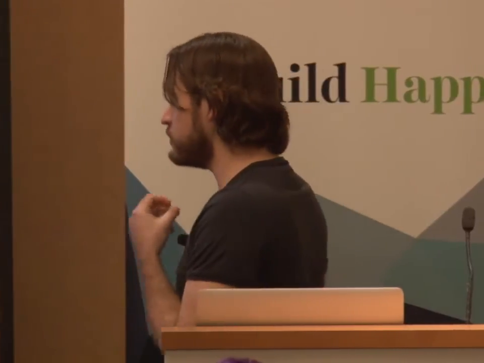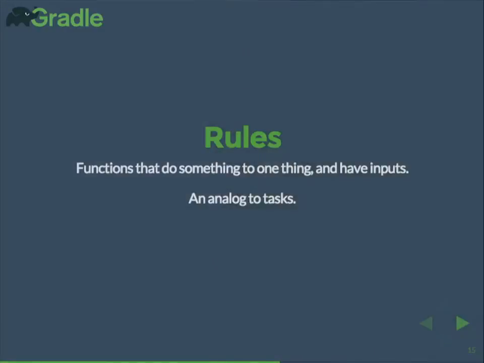So really, this is a big unification of these concepts and marrying them together. Somewhat different clothing, though. Whereas we have tasks in the execution phase, we have rules in the configuration phase. It's very much the same thing.